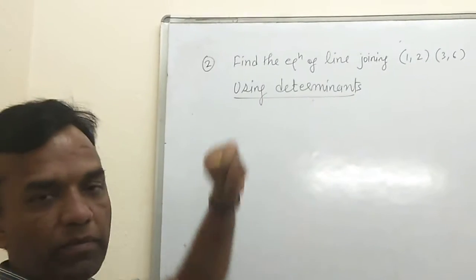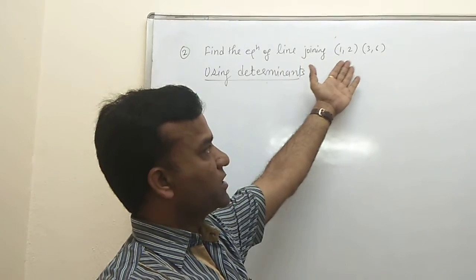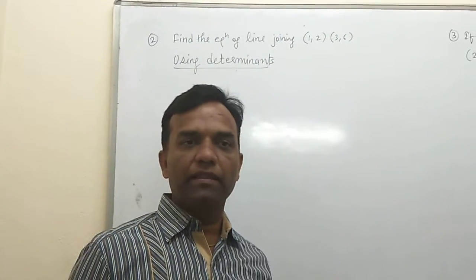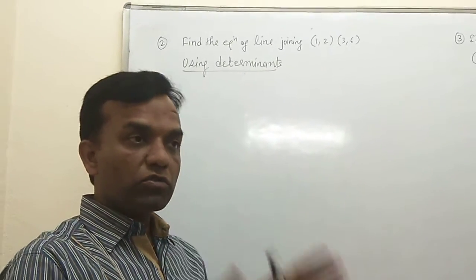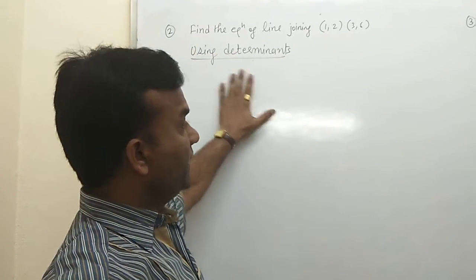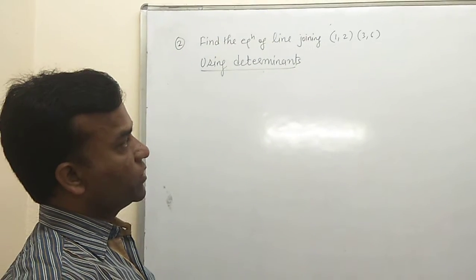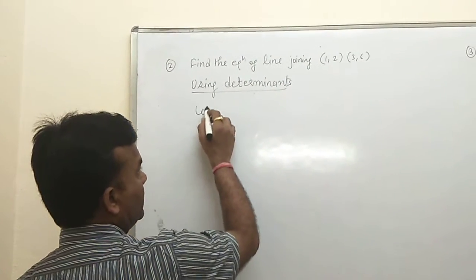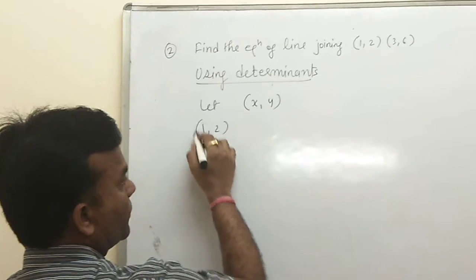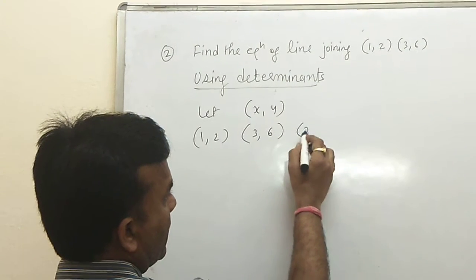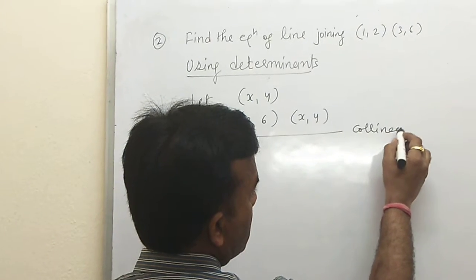You use the concept of determinant and then you find the equation of the line. Because if two coordinates are given directly, then we use the concept of the line, like y minus y1 over y2 minus y1, but here you don't use that formula. You use the formula for the determinant and then you find the equation. So we have two coordinates, 1, 2 and 3, 6. Let the third coordinate be x comma y. So 1, 2, 3, 6 and x, y are on the line, and this condition is for collinearity.